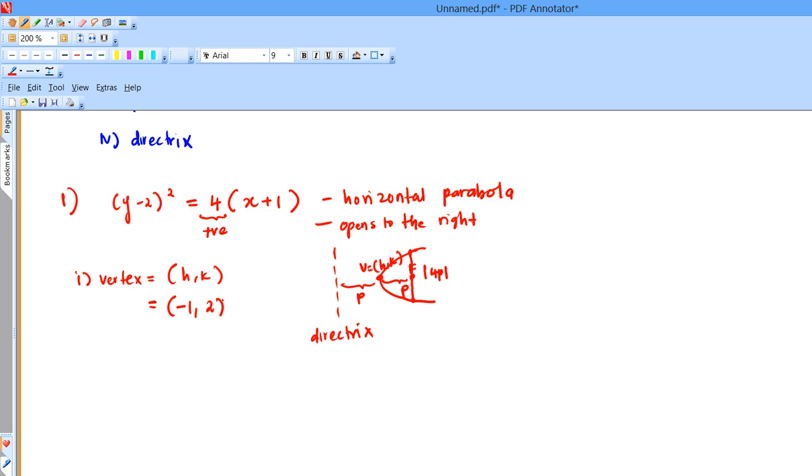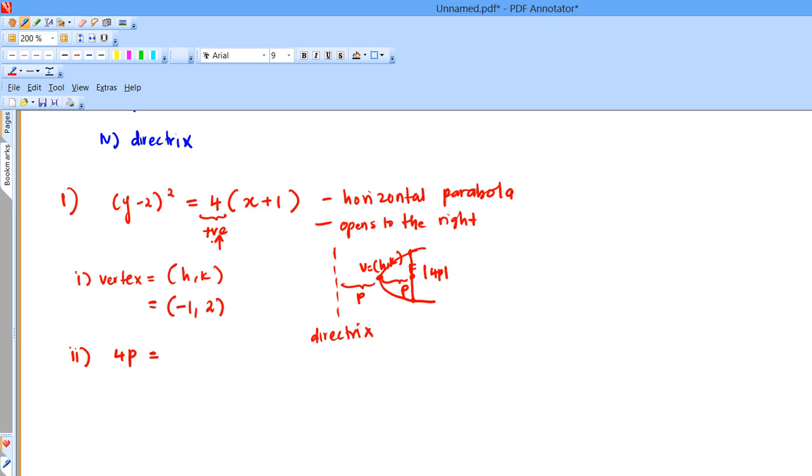And then to find the focus, we need to know the focal length P. How to find P? The focal length is based on the value of 4p. We have 4p equal to this value, 4.